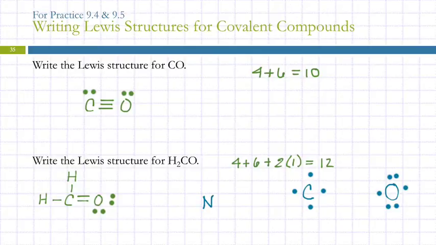How many valence electrons? 5. How many bonds do you think nitrogen likes? 3. So this will usually be a lone pair, and then it'll use these electrons to bond with other atoms. And then let's say chlorine. How many valence electrons? 7. Chlorine tends to make 1 bond. It's not a hard and fast rule, but it's a trend.